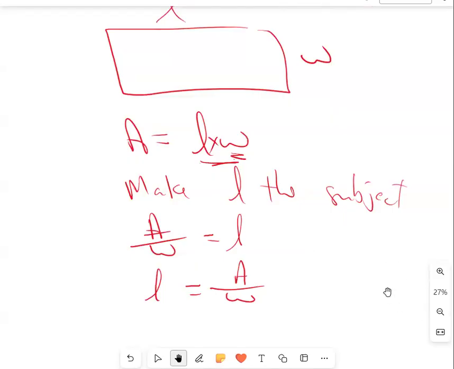Right? Let's say you have a formula that involves subtraction. There's a formula in physics: A is equal to V minus U over T. Here you have division and subtraction.